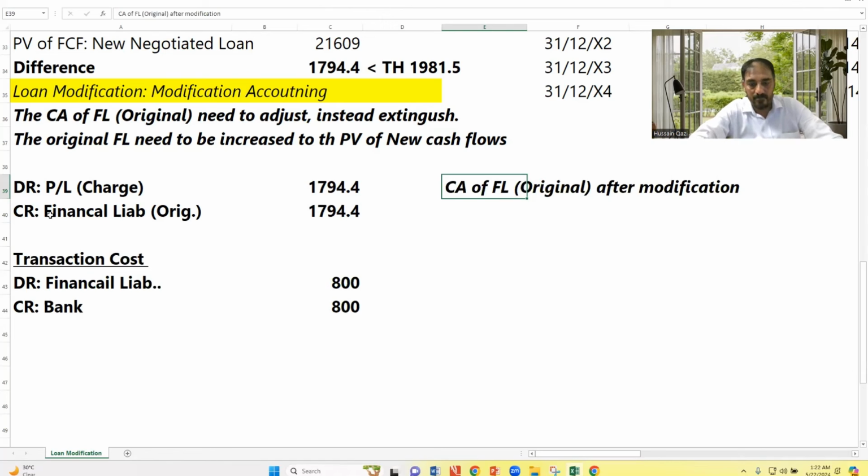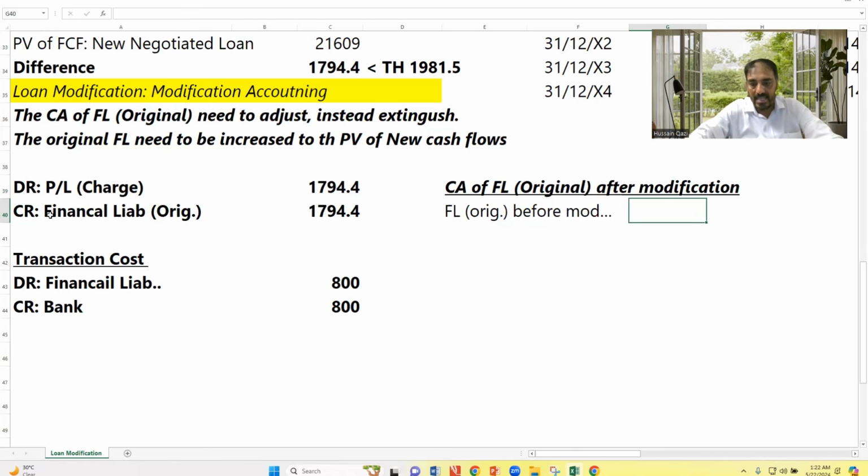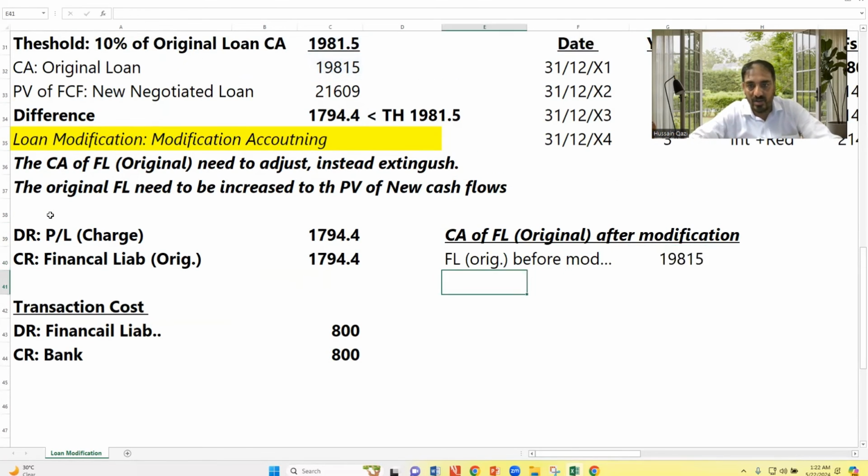Listen carefully. Number one, the financial liability original, before modification, that is 19815.